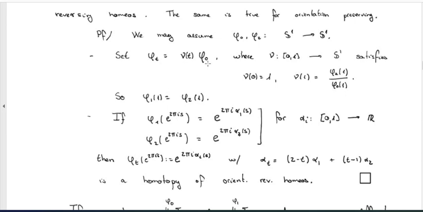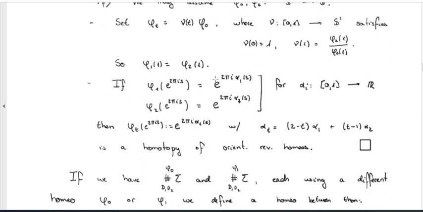How do we do this? Well, we simply rotate phi 0. We take phi 0 and multiply it by a complex number. At t equal to 0 this number is just 1, so I start at phi 0, and then I move all the way to the number that makes me start at phi 2 of 1. We've done this before many times.